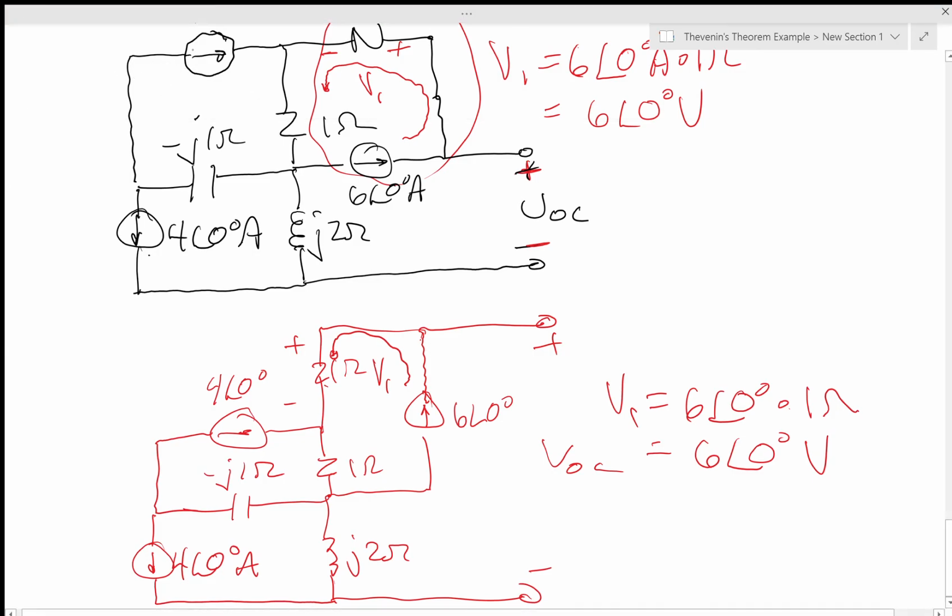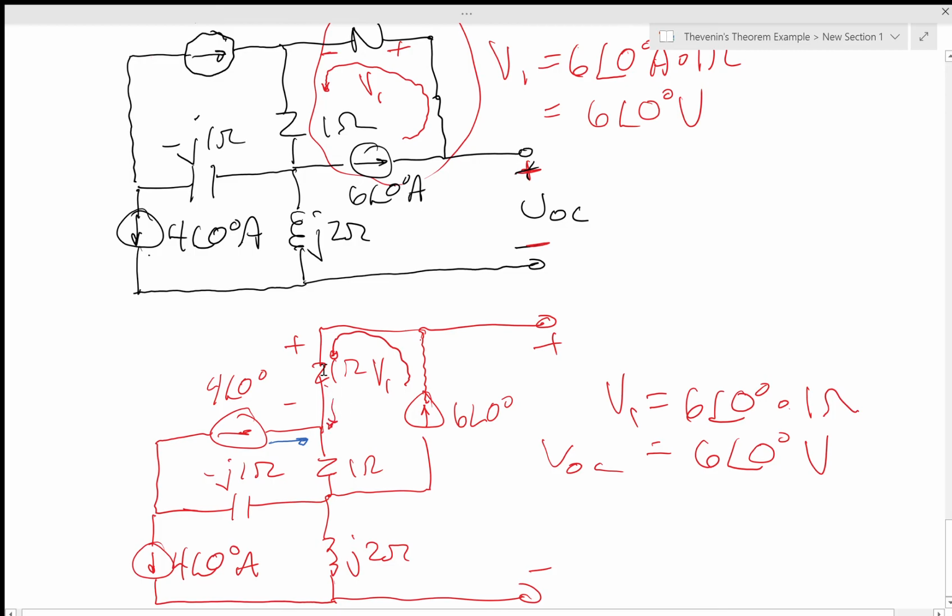I have this current source going here, 4 angle 0, and I have the 6 angle 0 coming in here.